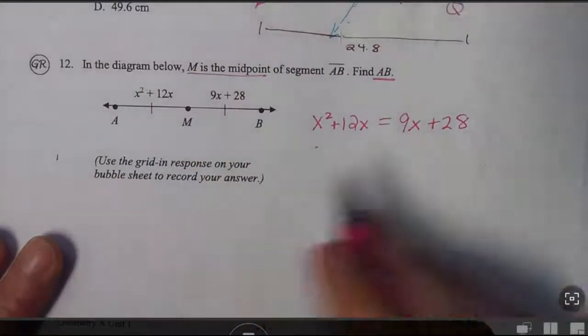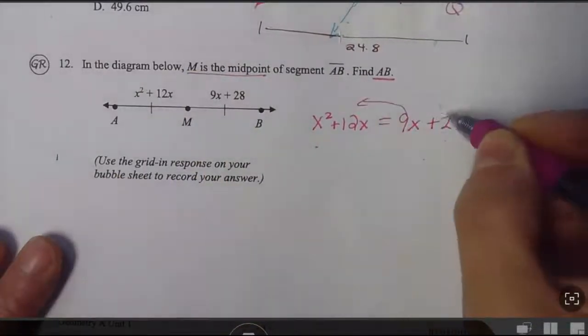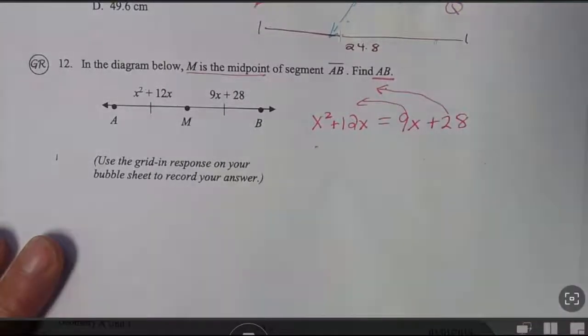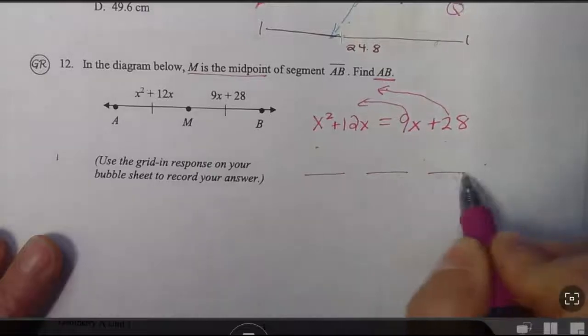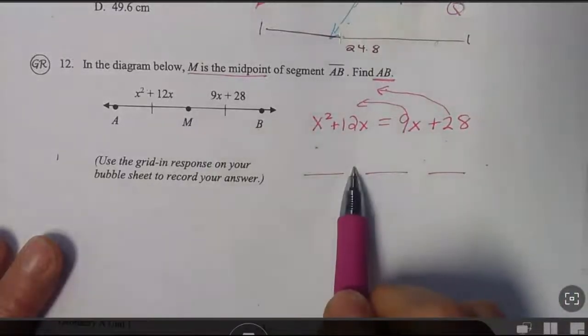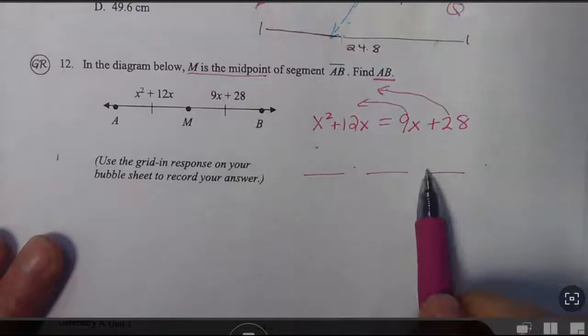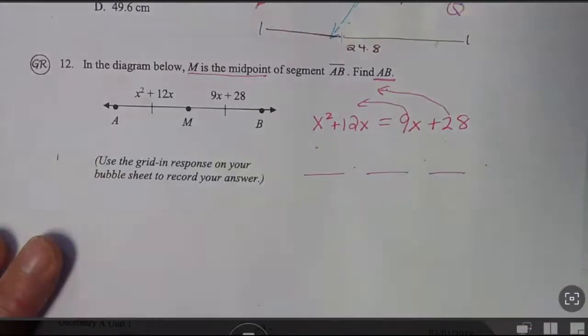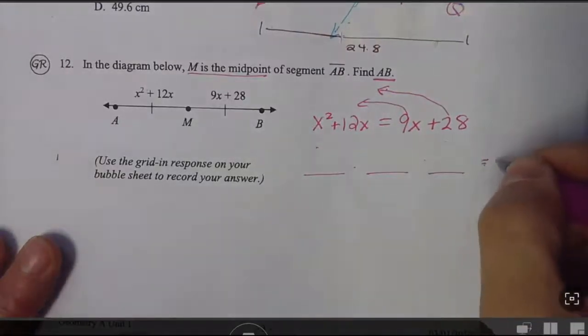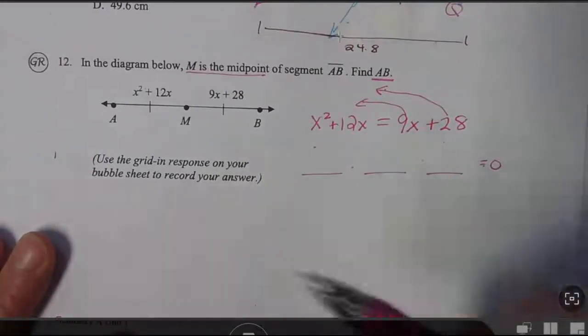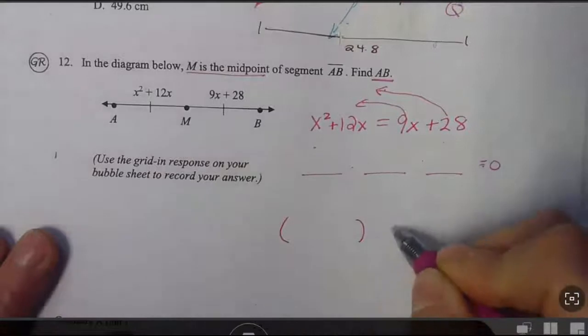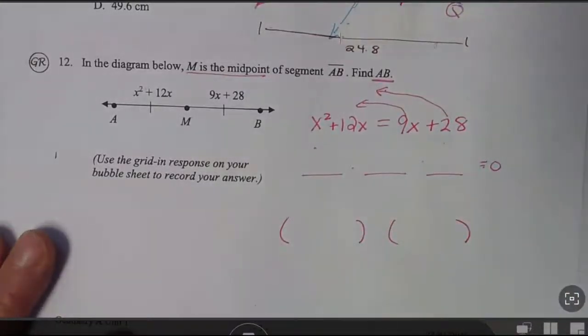Again, we are moving both things to the other side by adding or subtracting. We get 3 new terms, and you have to figure out what goes in the middle, a plus or a minus. Then we can set it equal to 0. It doesn't really matter because what we're going to end up doing is factoring, and we're going to have to find our x.